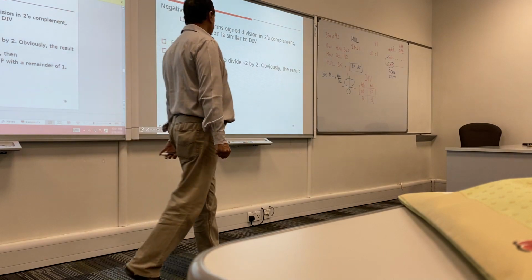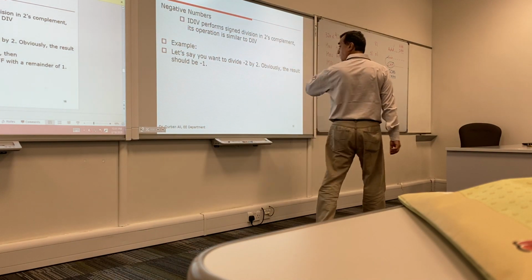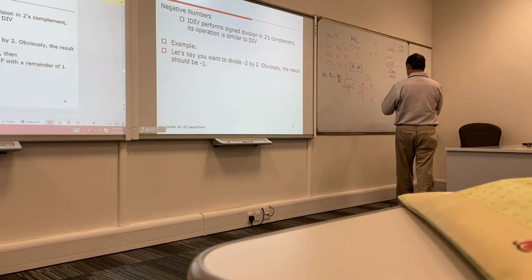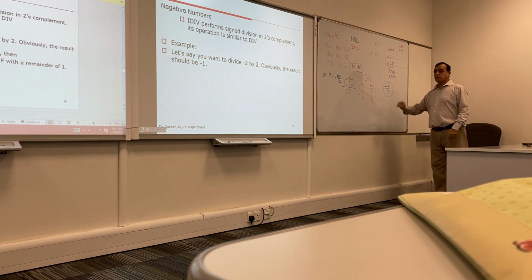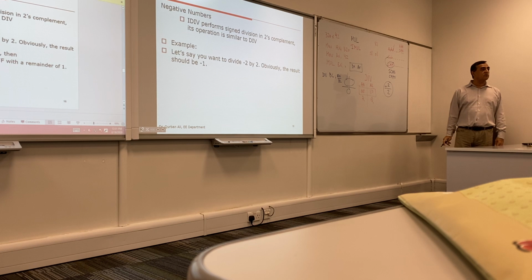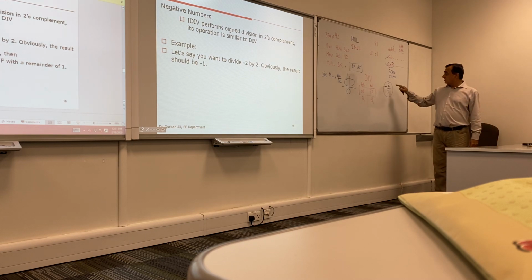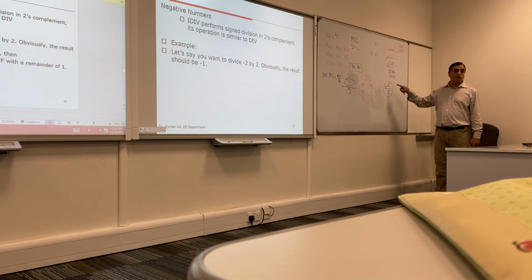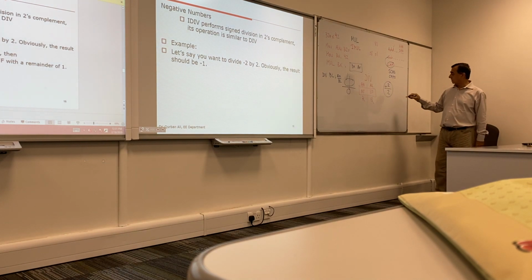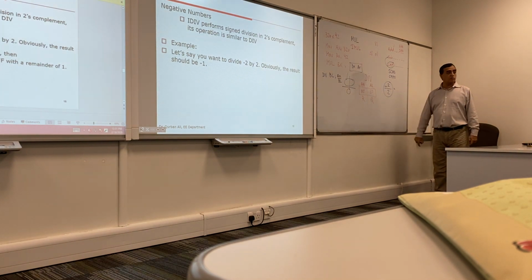What do we do here? I want to divide minus 2 by 2. What will I do if I have to divide minus 2 by 2? Minus 1. This is a negative number, right? So first thing is you have to write this one in 2's complement. What is minus 2?